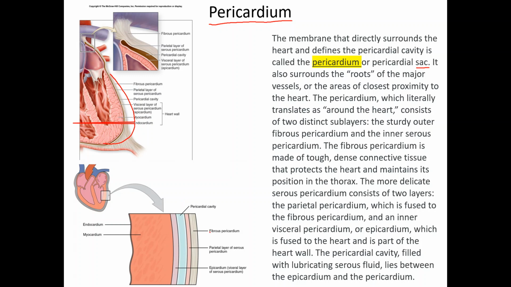The fibrous pericardium is the very external wall. And the serous pericardium has two components to it, really: the visceral layer and the parietal layer.